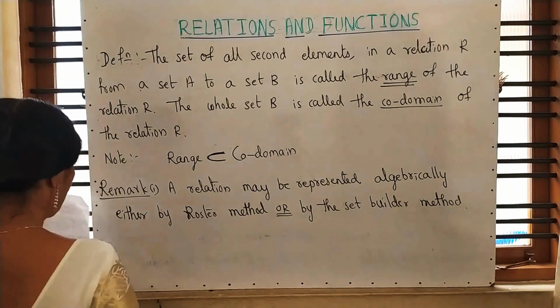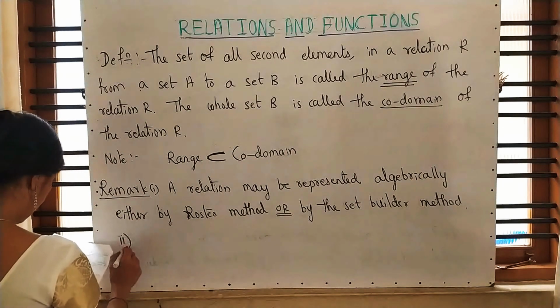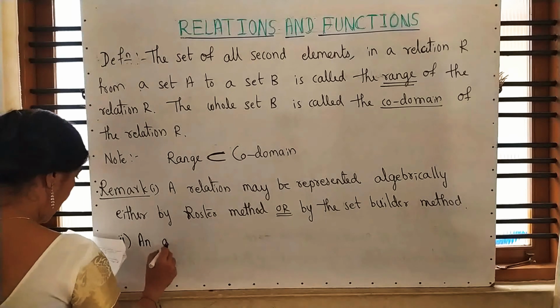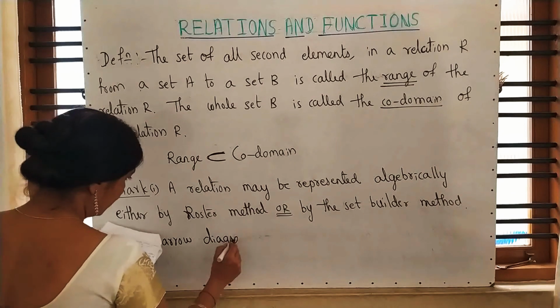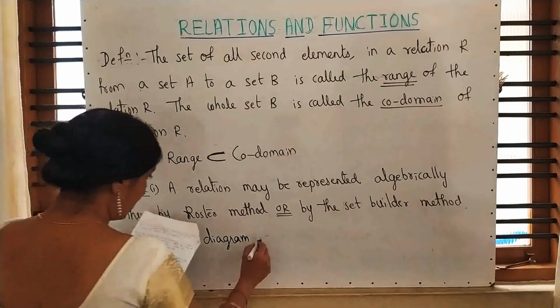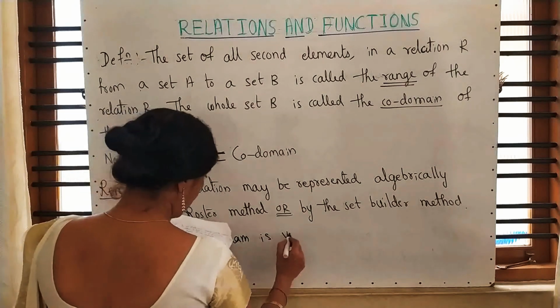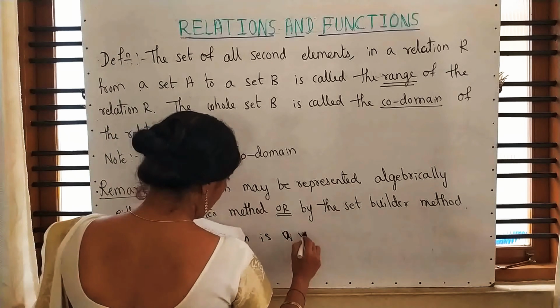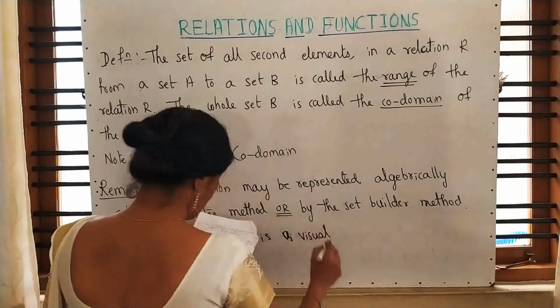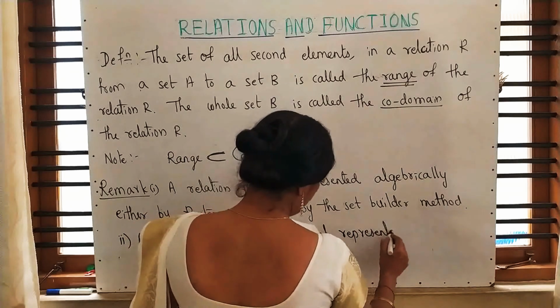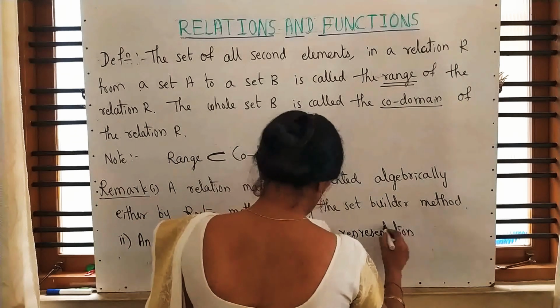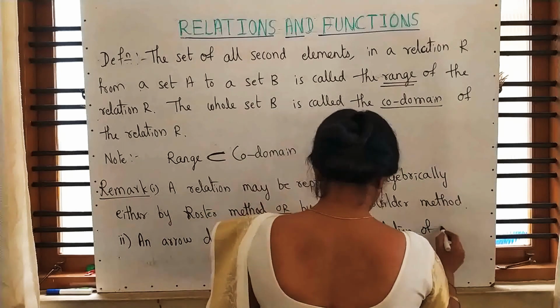Second important remark. An arrow diagram is a visual representation of a relation.